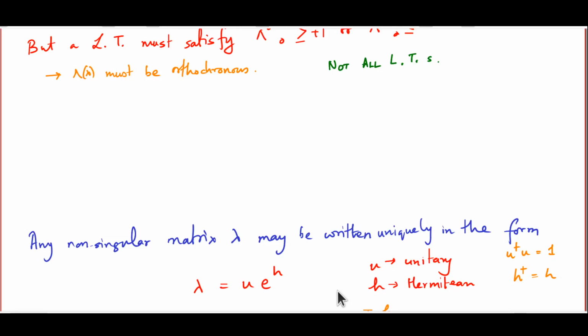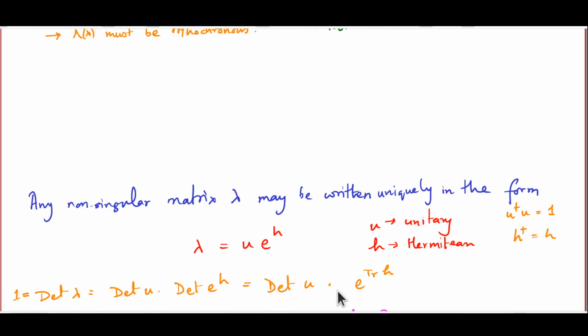A unitary matrix, of course, is non-singular by definition. And this Hermitian matrix can then be written down as an exponential of another Hermitian matrix. So lambda can always be written down as u times e to the power h, where u is unitary, u dagger u is identity, and h is Hermitian, that is h dagger is the same as h.